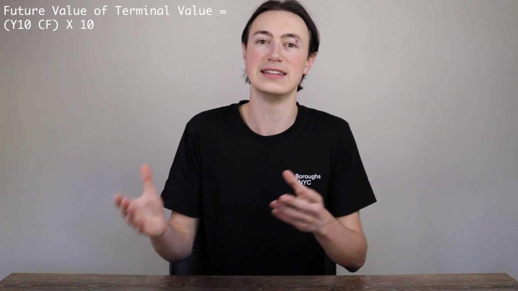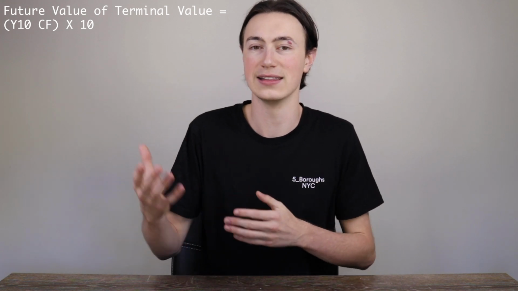Just briefly, to show you how I'm calculating this terminal value for a multiple, very simply, we're taking the 10th year cash flow generated by the discounted cash flow and multiplying it by 10. That gives us the future value of that cash flow. Then, like all of the other cash flows in a discounted cash flow, it needs to be discounted back to present value, which means that if it's coming in the 11th year, then we are discounting it back at our appropriate rate, which if we're looking for the buy price, would be for me 22%.